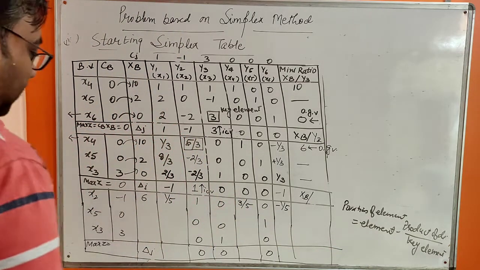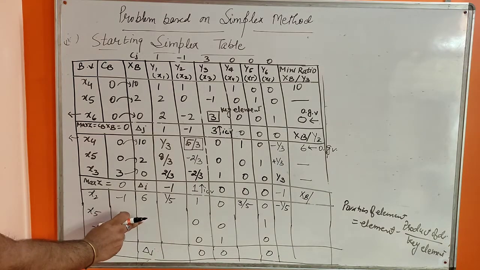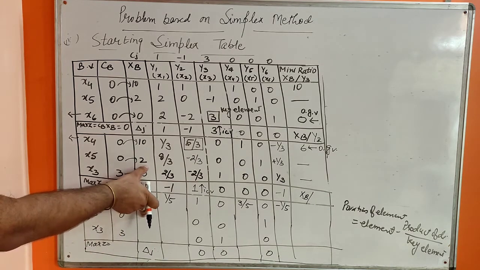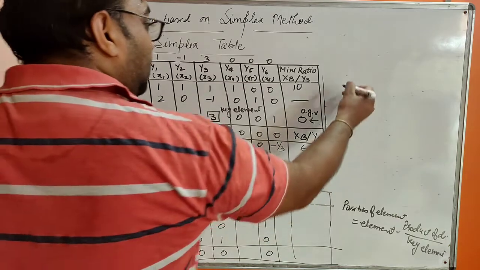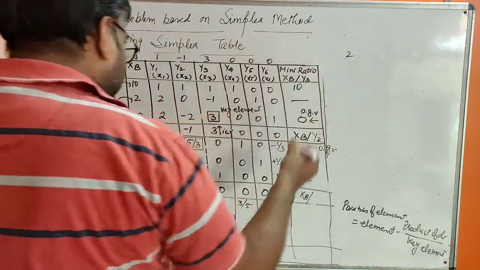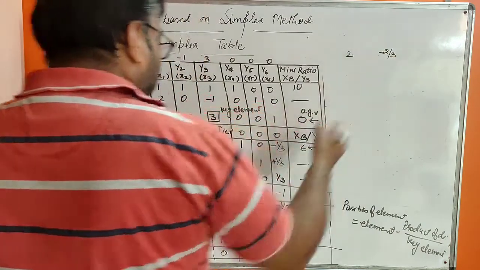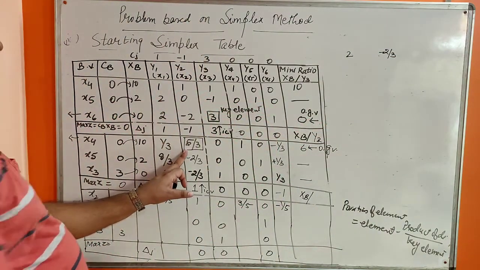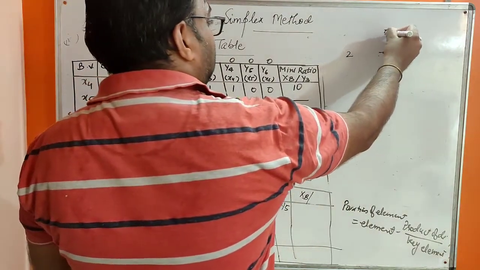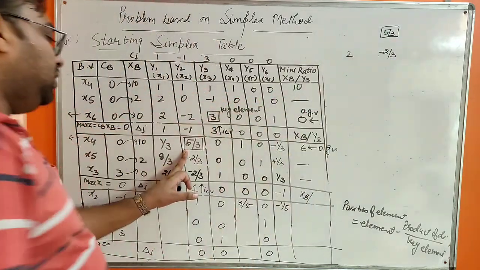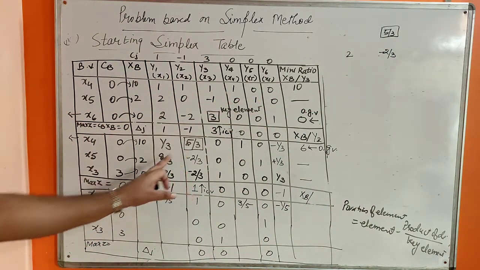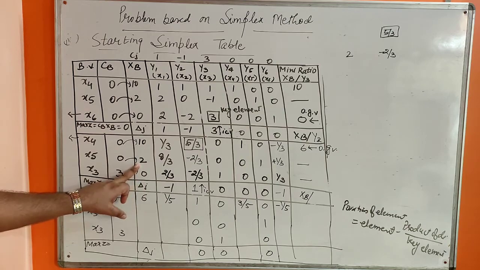So again repeat this particular process. What is written over here at this particular place in the previous step? That is 2. What is written in front of 2 in the key element column? Minus 2 by 3. Where is the key element? 5 by 3, right here. And what is written in front of 5 by 3 in the key element row, in the column where we have to find the element?